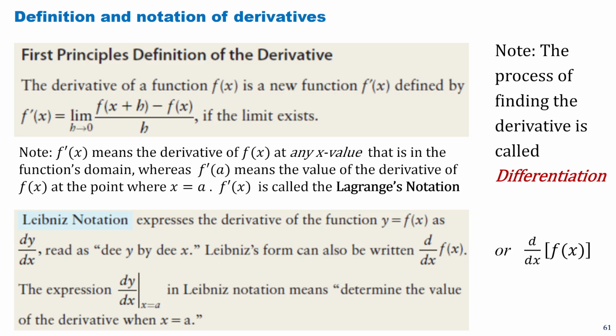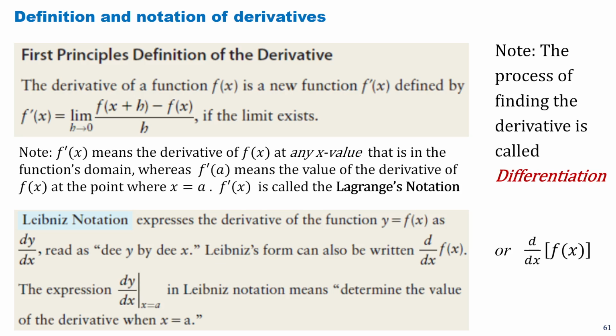For each of the x in the domain, the derivative of the function at that point corresponds to the given x there. So this is also a mapping relationship. So the derivative of a function is also a function. We call it the derivative function or f'(x).